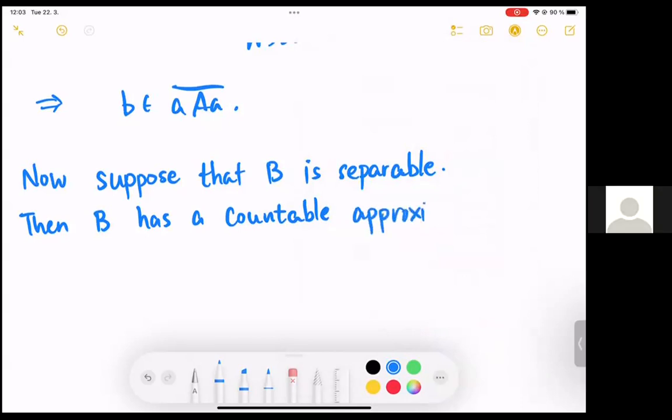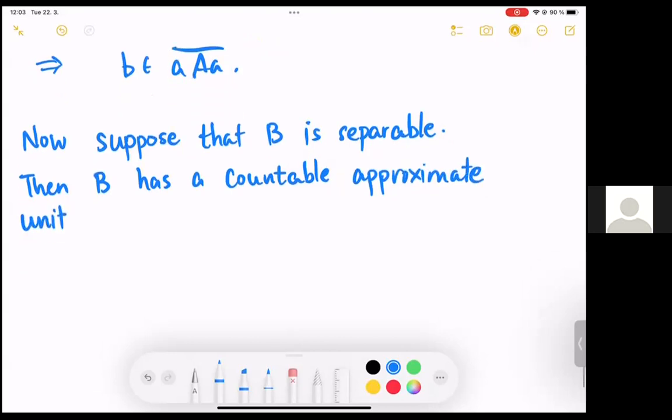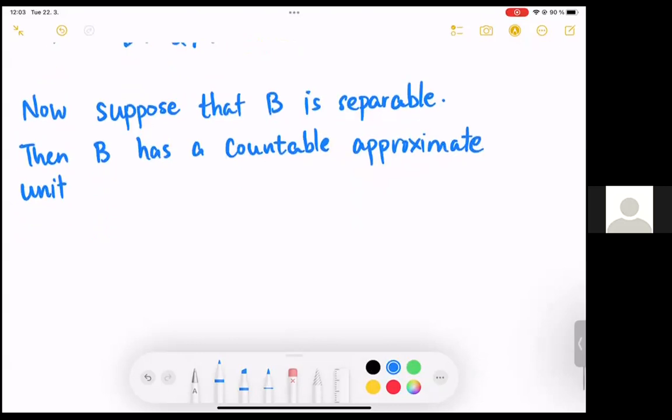I think I specified that it's positive, consists of elements of norm at most one. It didn't necessarily have to be increasing, but you could always find something that is increasing. Okay. So, I guess increasing doesn't really matter here anyway.